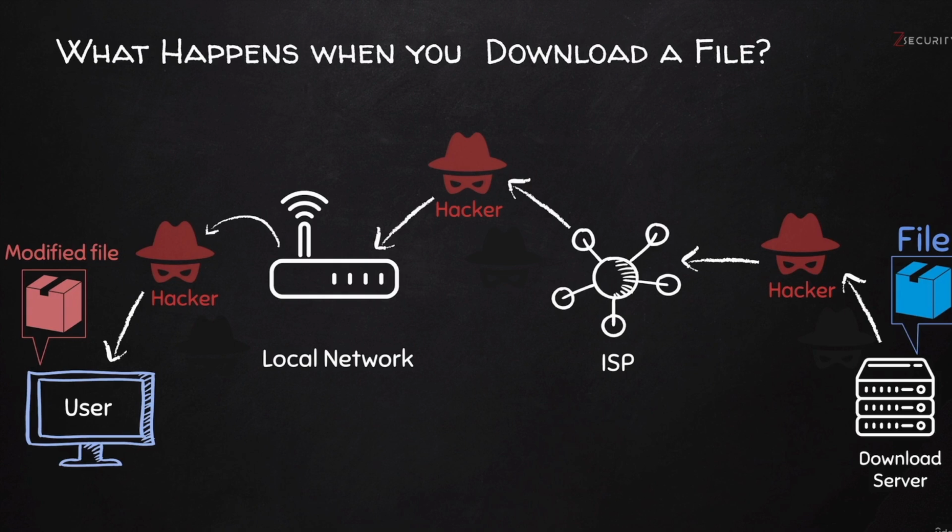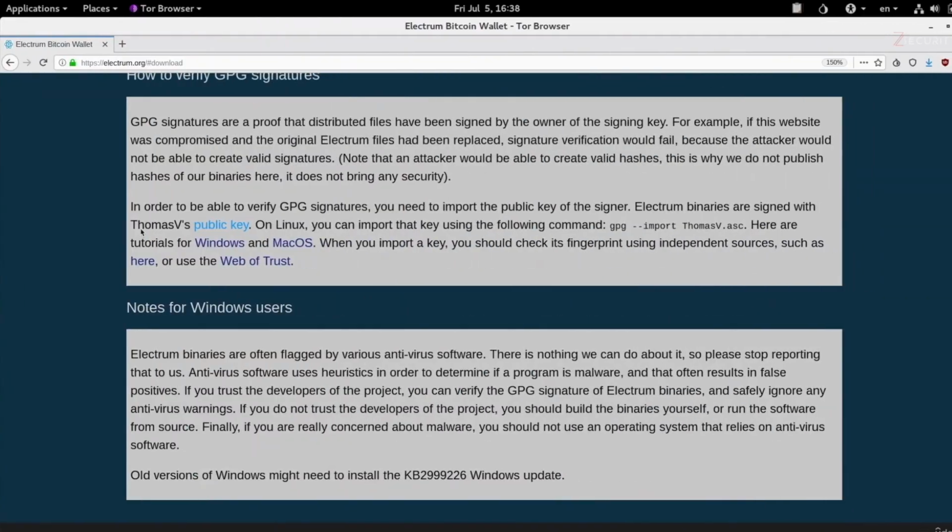Therefore, we downloaded the signature and we downloaded the public key of the developer, and we're going to use the public key of the developer and the signature to verify that the file has not been tampered with since that developer signed it. I've actually explained how this works in detail in my encryption section, so go back and revise that if this sounds a little bit vague.